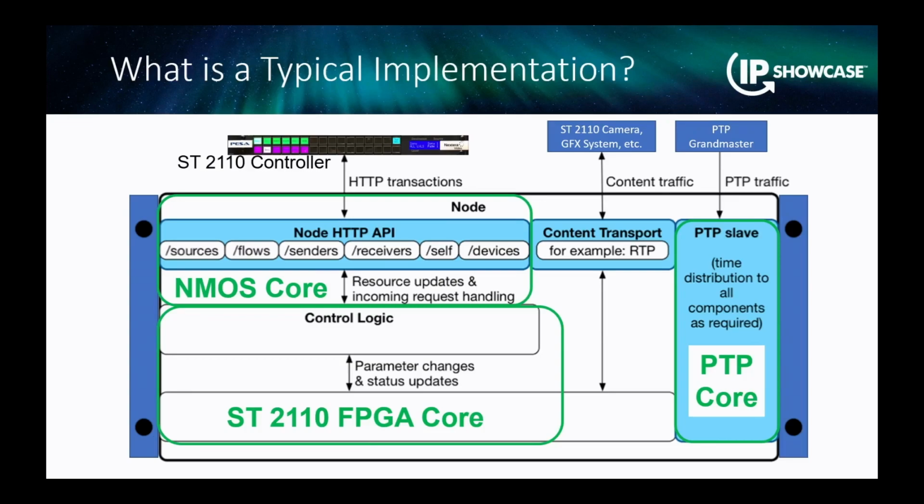All those things would come in through all these node APIs, all these /sources, /senders, /receivers. That references the previous slide. This is how we tell it to do it. And then that activates the device, which is in the upper right, a camera or a graphics system or something might be sending content in or out. That allows the content to come into the FPGA and do the processing.